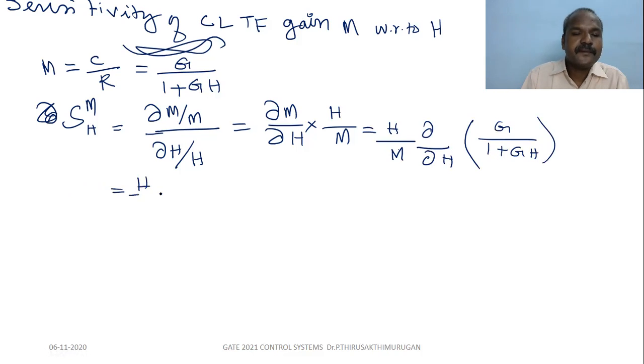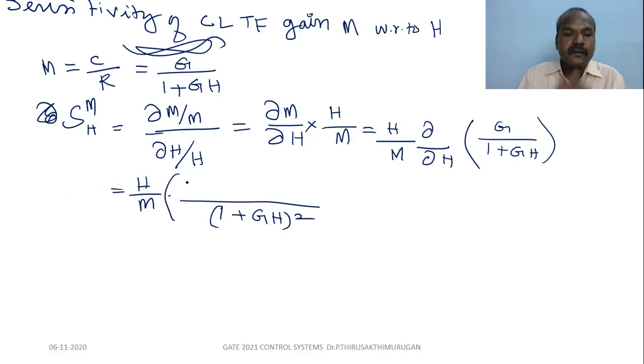H by M, denominator square, 1 plus GH whole square, into the derivative of the numerator with respect to H, which is 0, since there is no H term in the numerator.